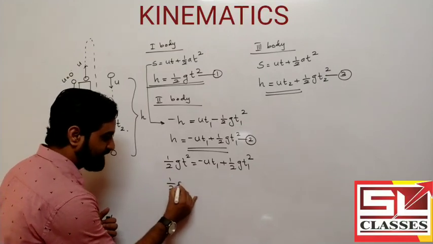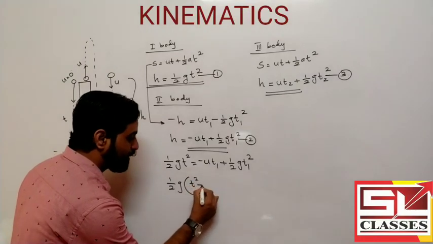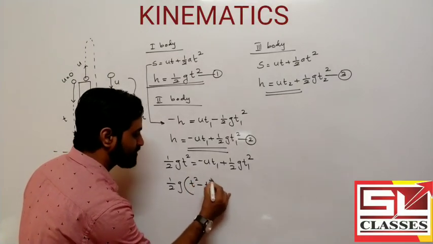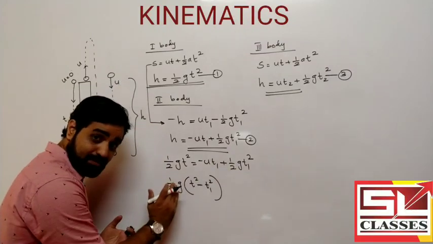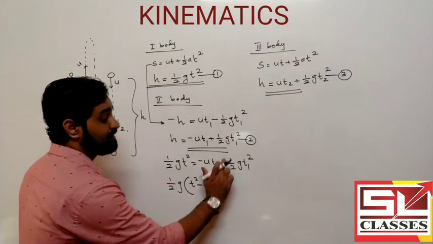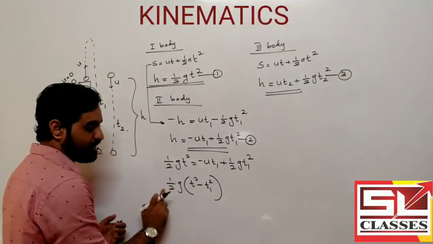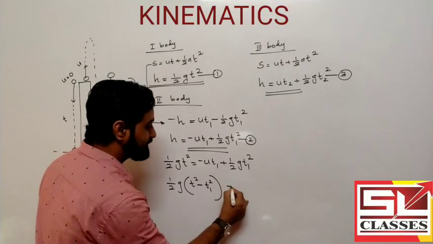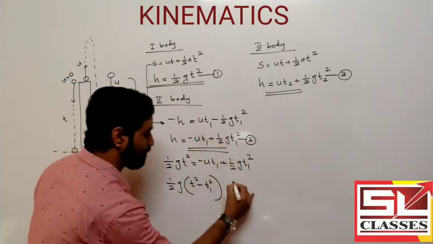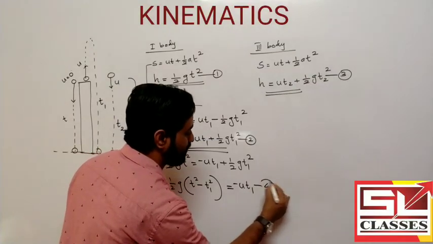Take this half g as a common term. So half g into t square minus t1 square, right? When this plus half g t1 square comes to the left hand side, this half g t1 square becomes minus half g t1 square. So take this half g outside, half g into t square minus t1 square, that is equal to, here the remaining term is minus u t1. So this may be equation number 4.